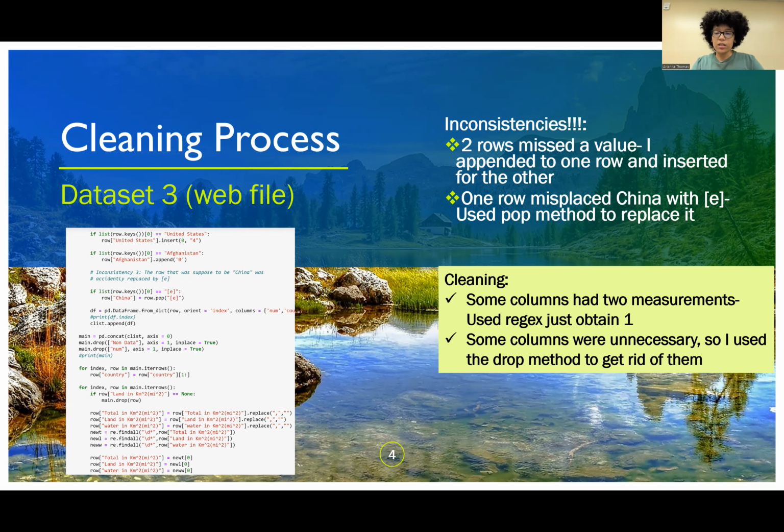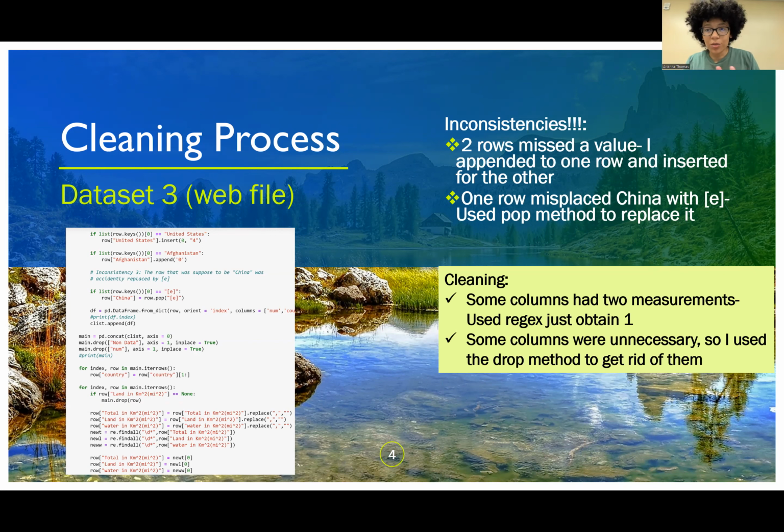And then for cleaning, I used regex because for the total area of land and water, they gave it in kilometers squared, and they also gave another measurement, which I don't remember exactly since I didn't keep that one. They had the regular one and then the other measurement in parentheses.